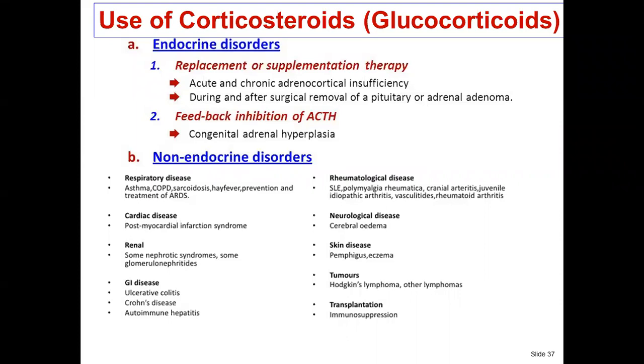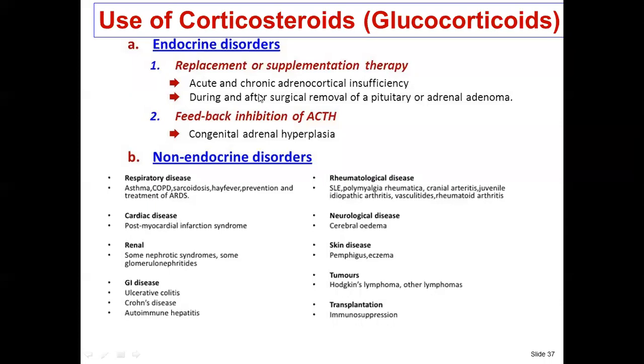We can categorize these indications as endocrine disorder or non-endocrine. The major role in endocrine disorder is replacement or supplementation therapy, also the feedback inhibition of ACTH.